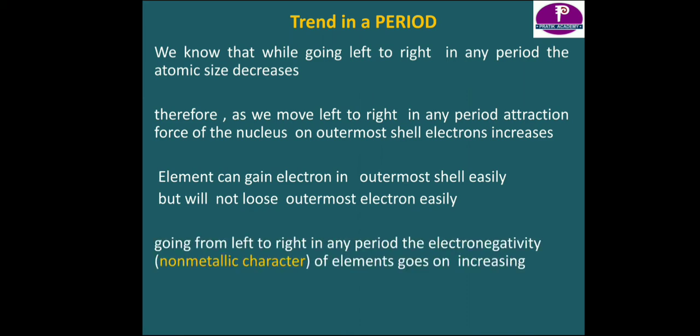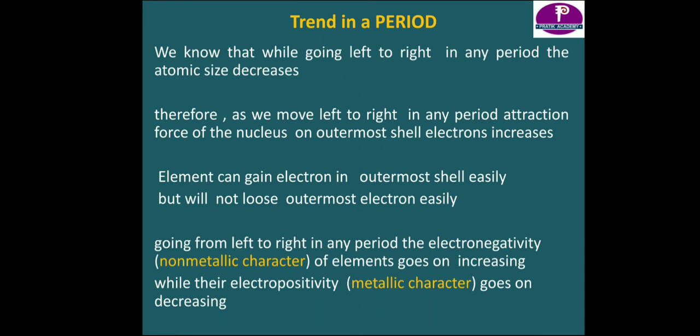That is, when we go from left to right in any period, electronegativity, that is the tendency to attract outer electrons, is increasing. Okay, it is the non-metallic character. And in the opposite way, electropositivity, that is metallic character, that is the tendency to lose electrons, is decreasing when we go from left to right.